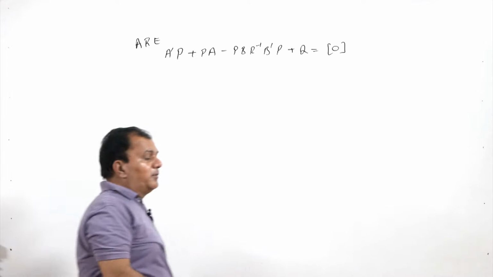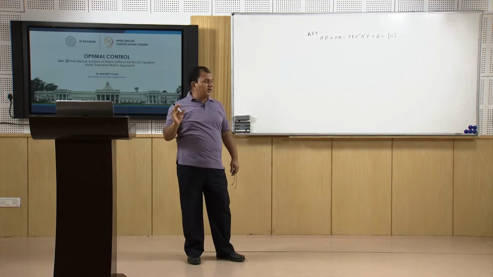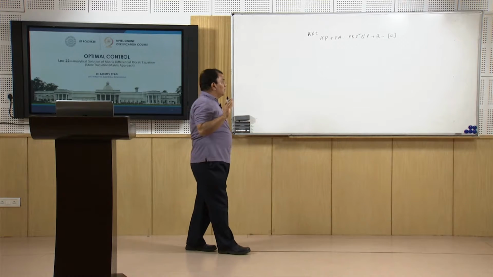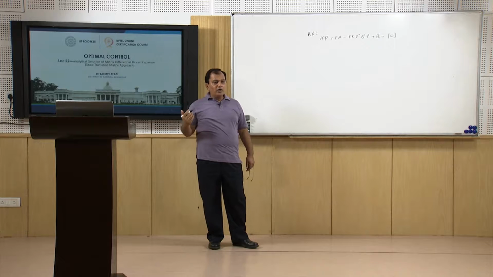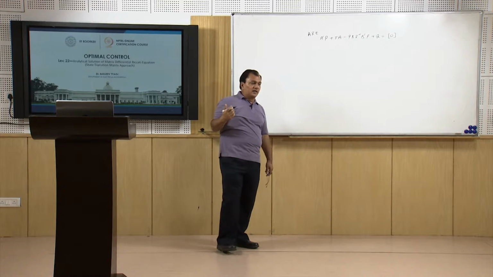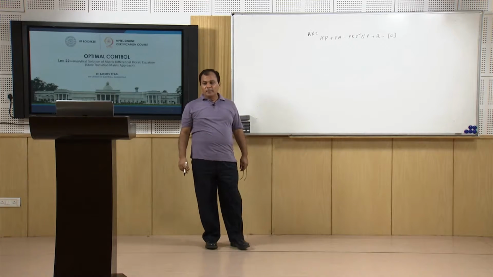This is my algebraic Riccati equation, and the nature of this equation is that it is a non-linear algebraic equation, and the solution of this equation is not direct. Sometimes we will have multiple solutions.